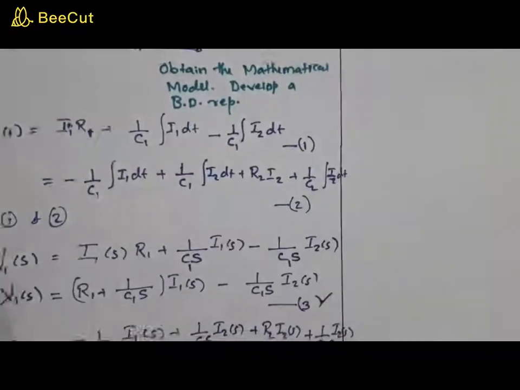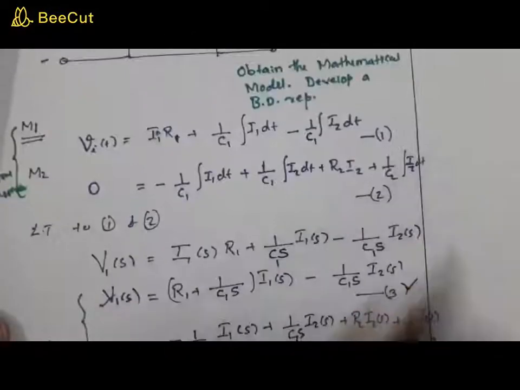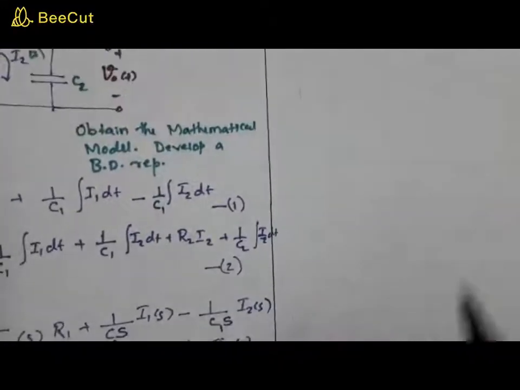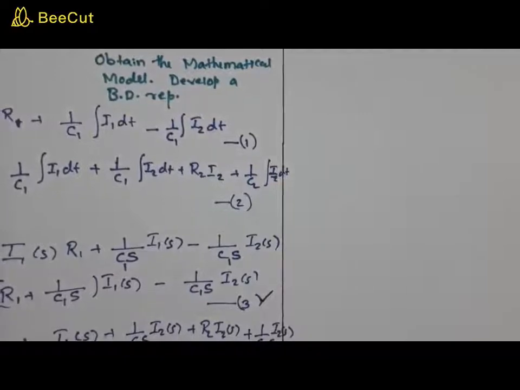Now coming to the second equation, which is 0 is equal to, that means the second mesh is not going to have any voltage. Then you can see that 0 is equal to I1 of s into minus C1 of s.